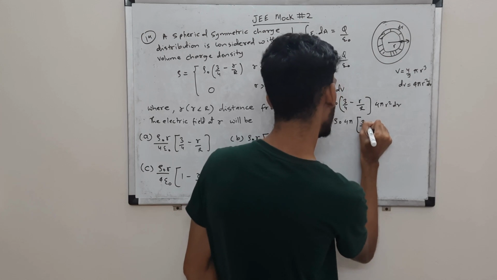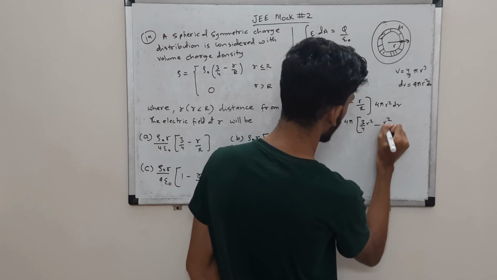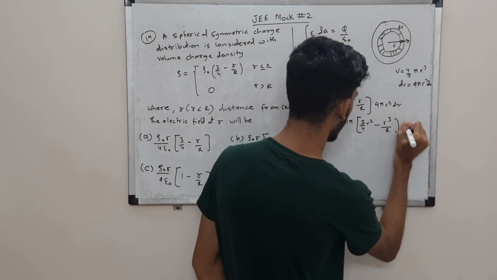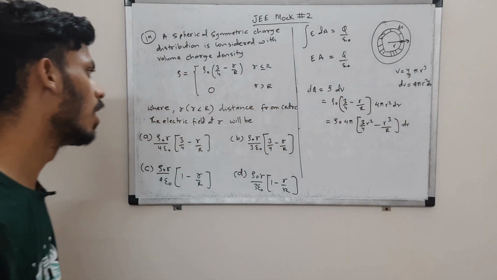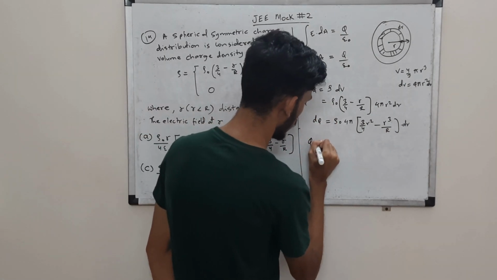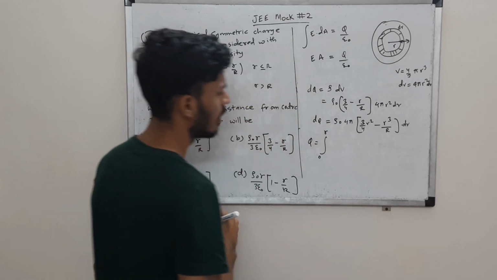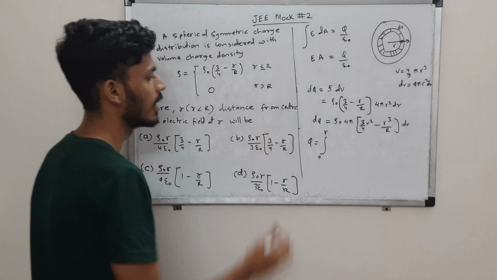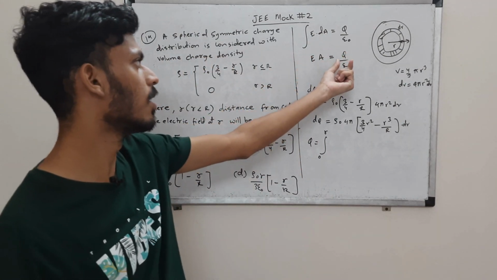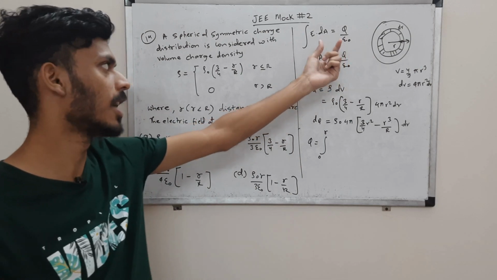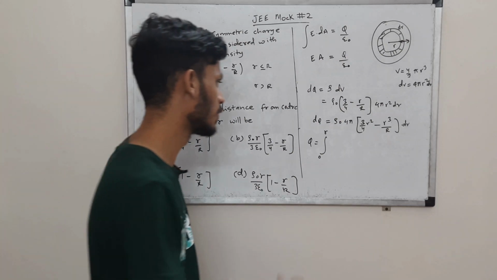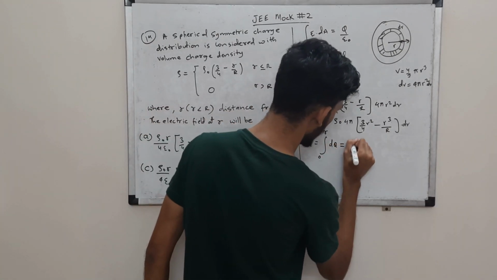So 3 by 4 into r square, I will multiply r square inside, here it will be r cube by capital R, and we have dr. Now what to do, we can integrate this from 0 to small r, at some random distance at which we are supposed to find the electric field, so that we'll get the charge enclosed in our Gaussian region, and from that charge we can find the electric field. So we'll integrate this dQ from 0 to r.